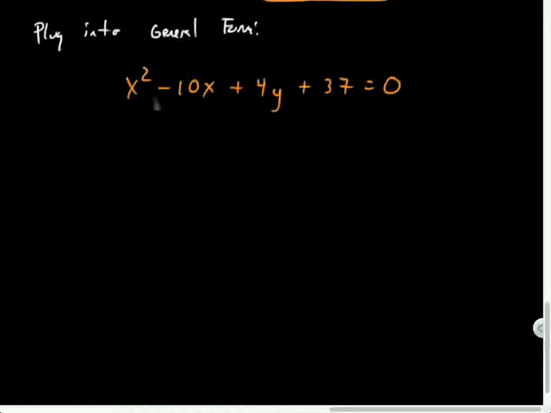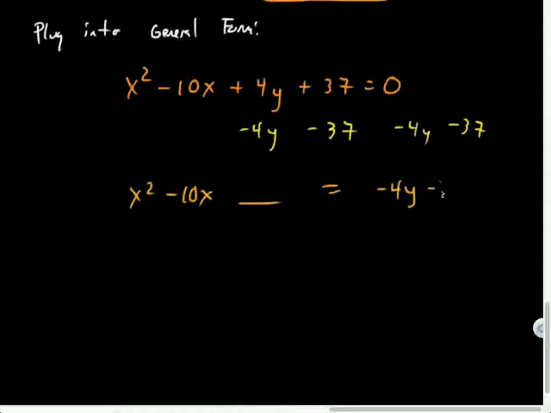So let's bring the x's together, the y's together, and the constant to the other side. So I'll get x squared minus 10x equals negative 4y minus 37. Wow, this has been one long problem, but that's okay.